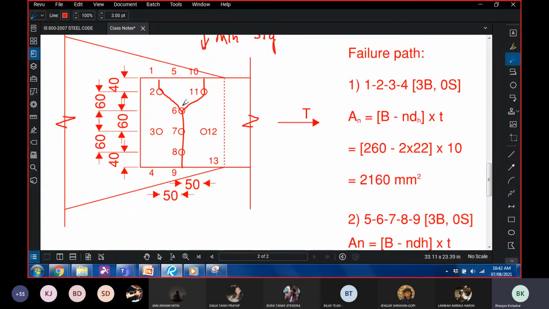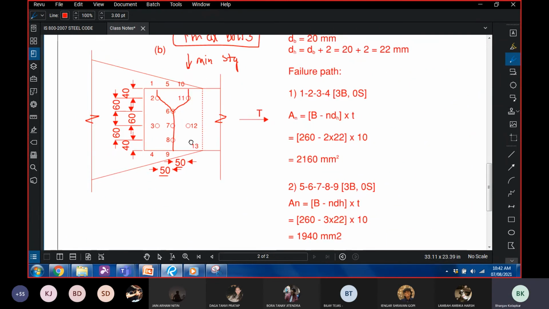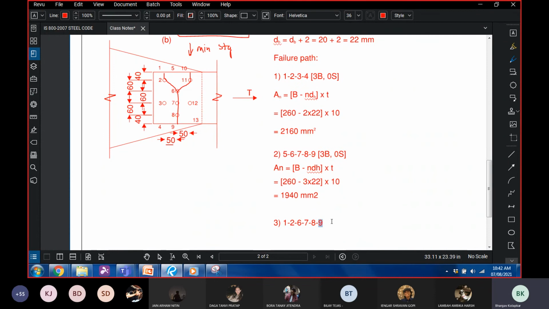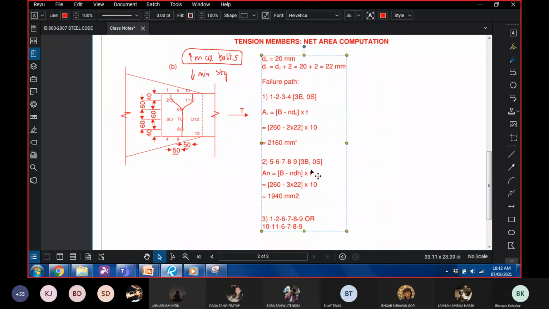So these two paths are going to give us the same value of net area because both the pitch distances are the same. There's only one stagger that has the same pitch distance. So you can call this path 1, 2, 6, 7, 8, 9, or you can call it 10, 11, 6, 7, 8, 9. It's one and the same.